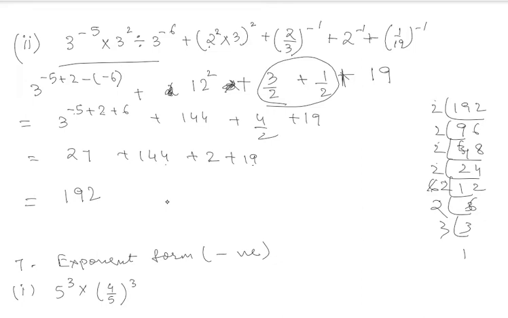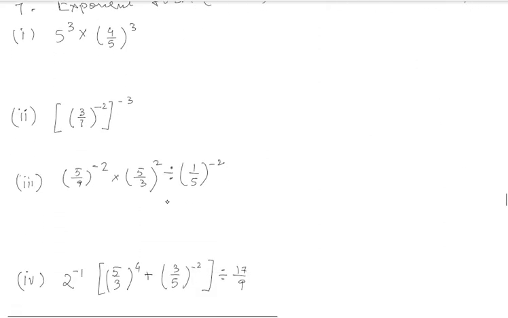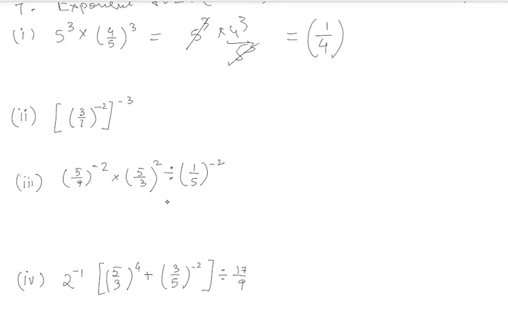So that is 2 to the power of 6 into 3 to the power of 1. Exponent form with negative power. So this is 5 cube into 4 cube by 5 cube. I can easily say this can cancel out, or even I can write 3 minus 3 as a power, which is equal to 0.